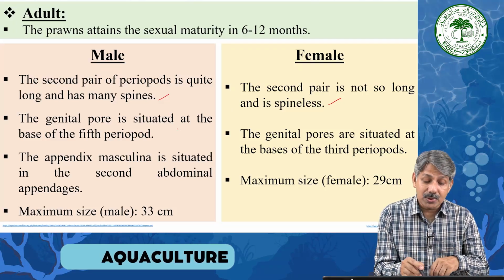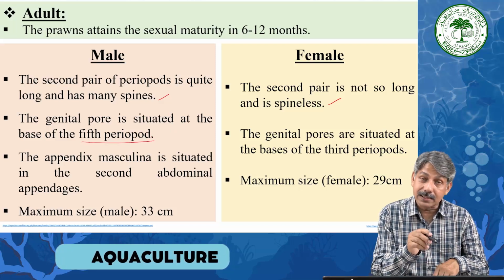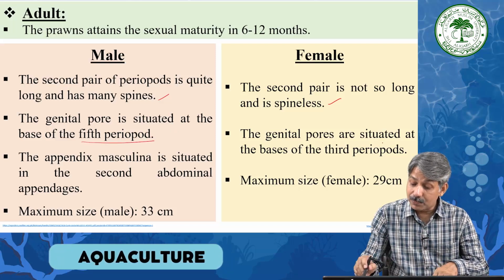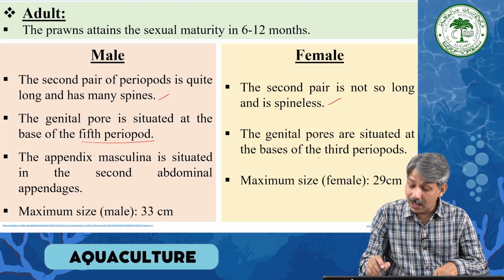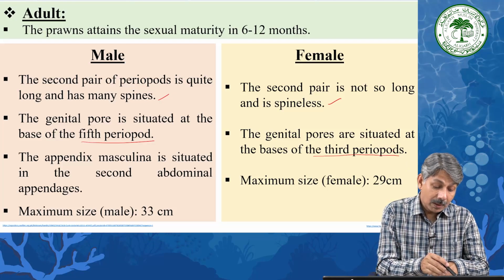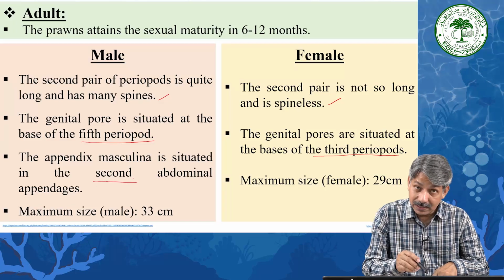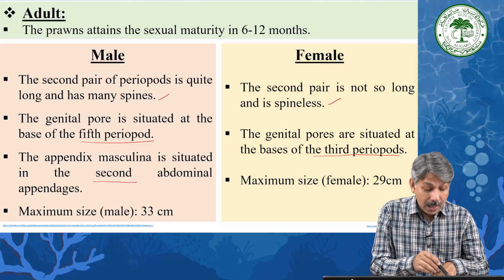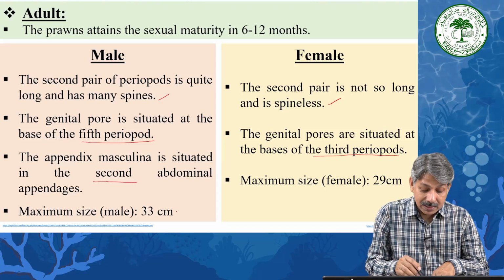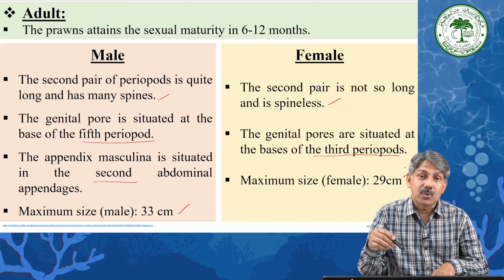The genital pores are situated at the base of the fifth periopod in case of males, whereas genital pores in case of females are situated at the base of third periopods. Appendix masculina is situated in the second abdominal appendage of males, and maximum size in case of males is 33 centimeters, whereas in case of females it is 29 centimeters.